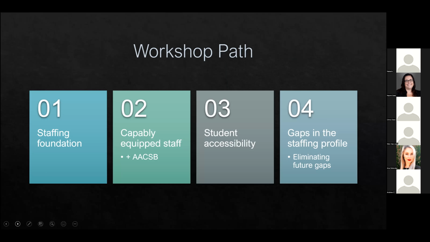So I will show you again the nesting opportunity that we've got here, similar to what we've addressed within previous workshops. The third point we'll cover off, relatively briefly, is student accessibility. And then fourth, looking at the gaps in the staffing profile, and particularly strategies to eliminate future gaps within that profile.